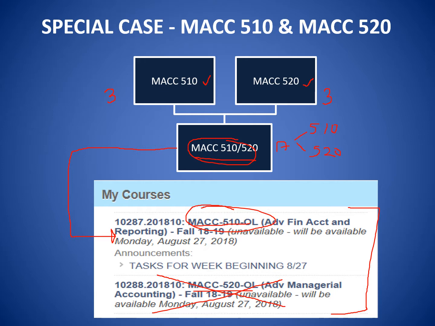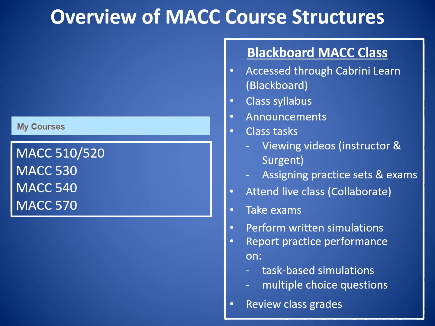Now let's take a look at the overall course structure. Over on the left-hand side, we can picture, in effect, Cabrini Learn. I've set up the courses that will be impacted by this unique course structure. That would include the MAC 510 520 combo course, so to speak, the MAC 530 course, MAC 540, and the MAC 570 course.